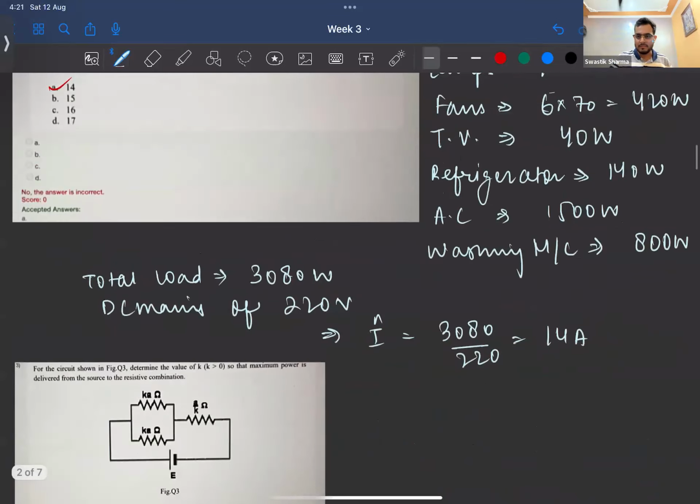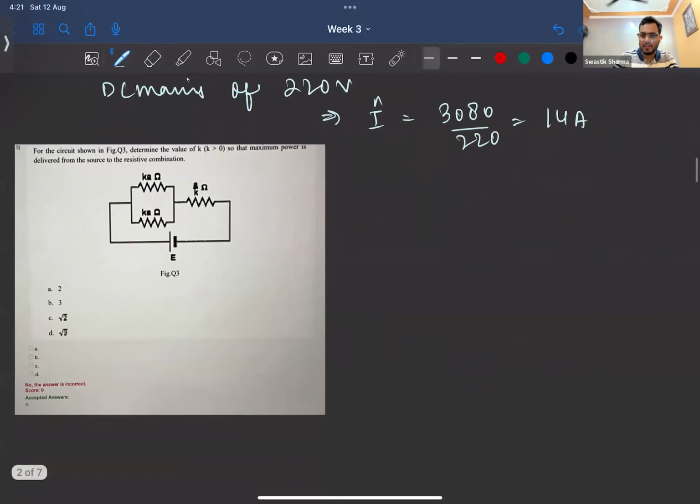So anyone else, if you have doubts in assignment 1, you can raise your hand or even unmute yourself. I'll be happy to solve it. Otherwise, I have to go through it fully. After this, I'm going to discuss nodal analysis and mesh analysis. So how will we solve question number 3?